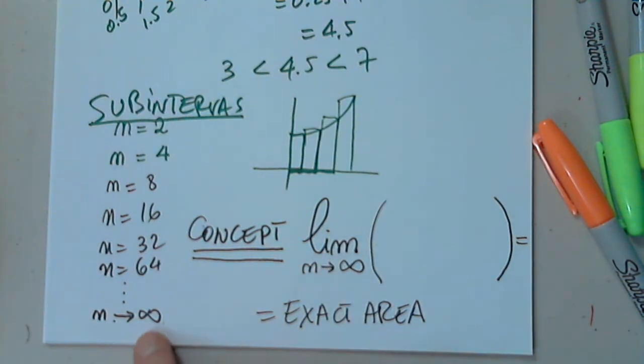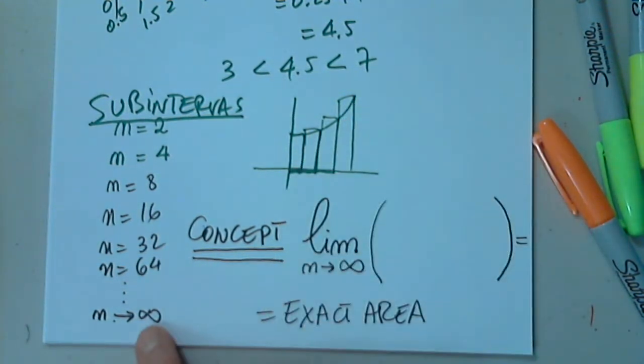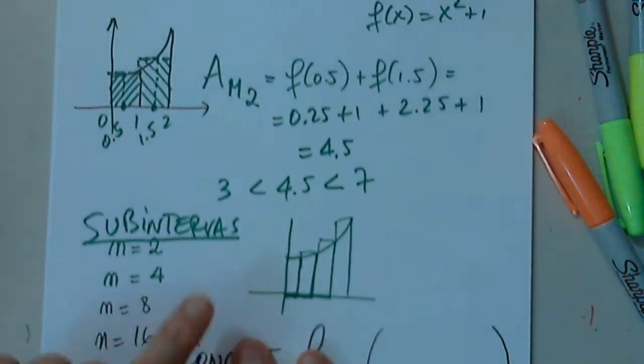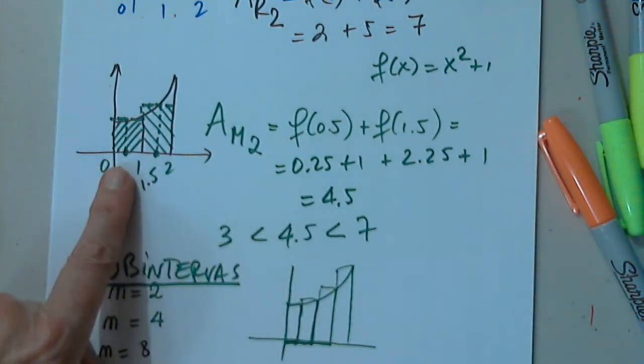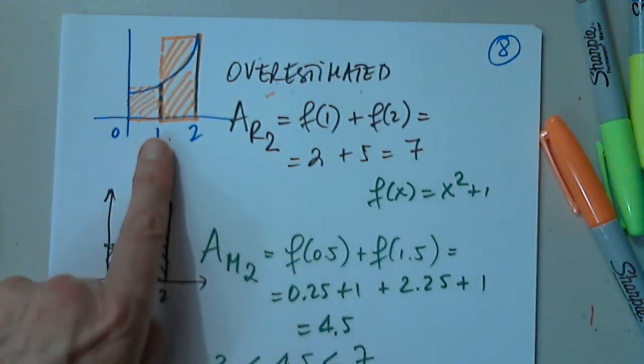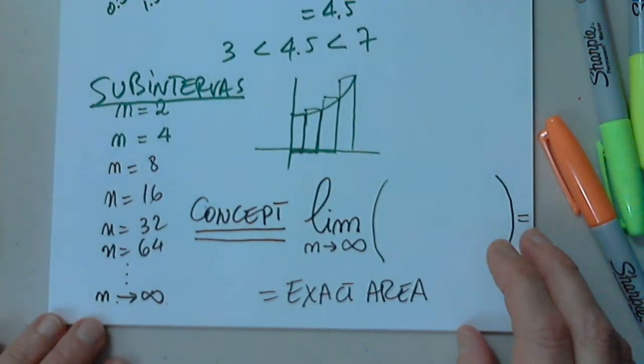We'll talk about it in a moment. If I manage to fill this in with infinitely many subintervals, I will get guaranteed no approximation. This is an approximation. This is not the area underneath this graph. We will be able to determine it hopefully by the end of the day today.